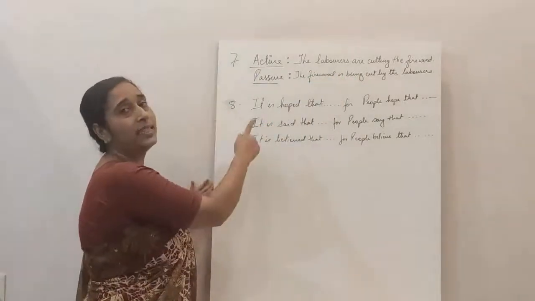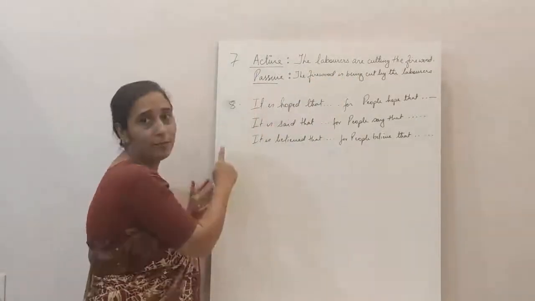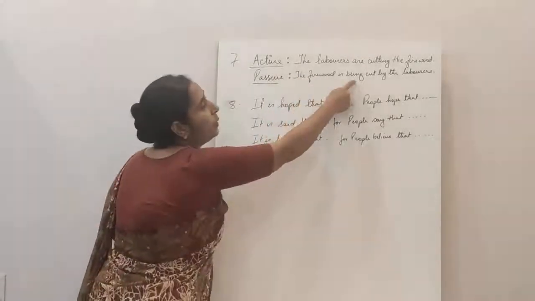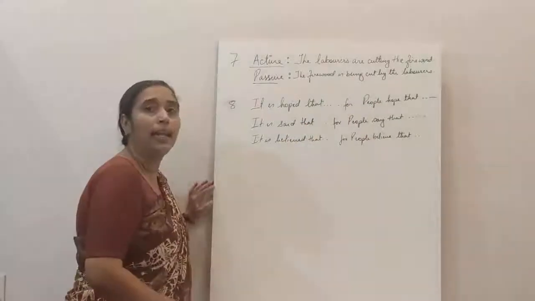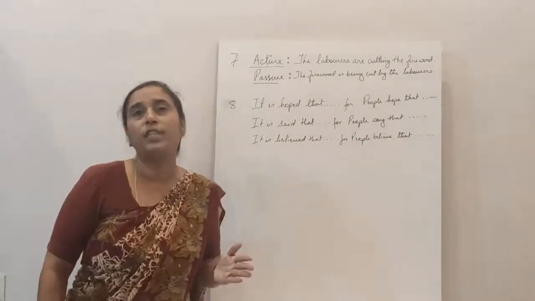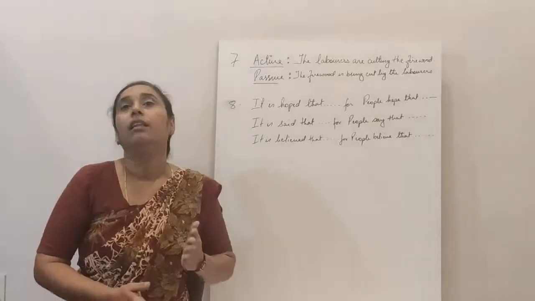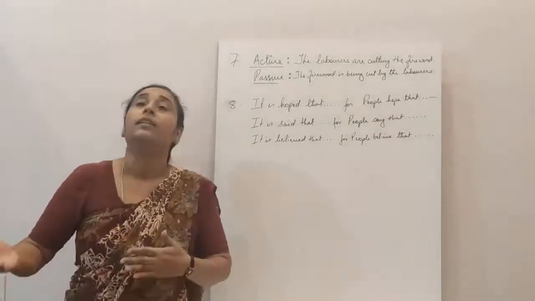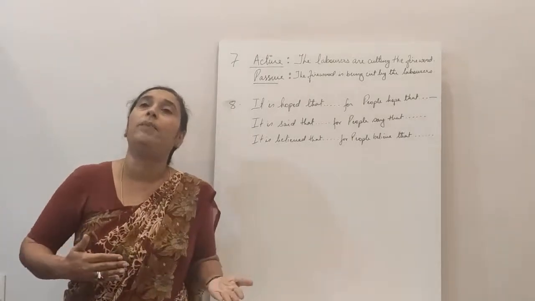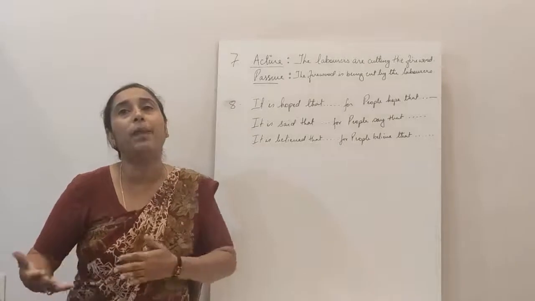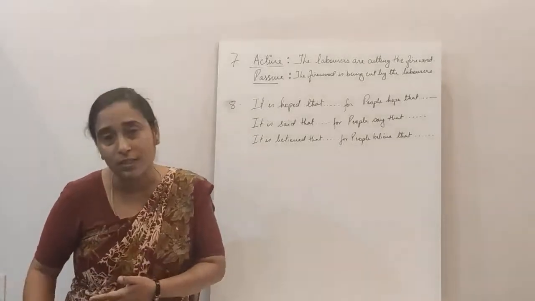If the same sentence has to be said in a passive voice, then we say the firewood is being cut by the laborers. Another example, in active voice, we say the farmers are plowing the fields. The same sentence in passive voice, we say the fields are being plowed by the farmers.